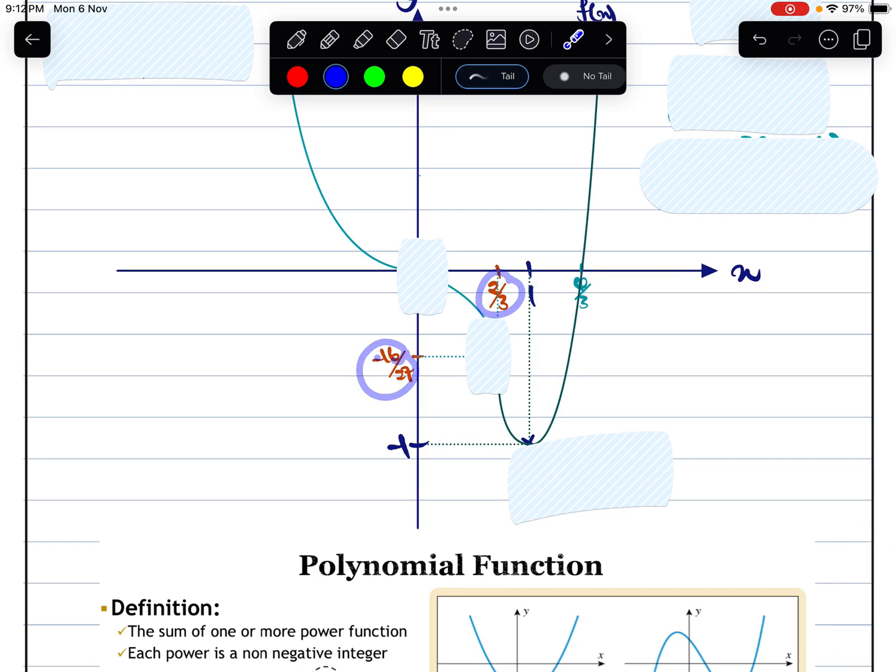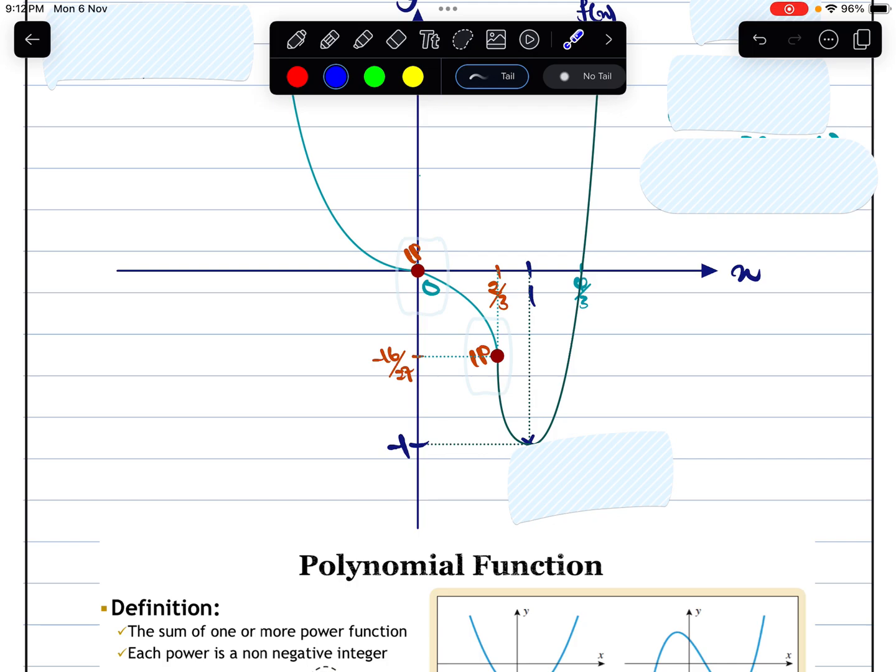Yeah, there we go. That is our inflection point. So we have 2 of them. This is 1, coordinate 0, 0, and this one is another coordinate of inflection point. So these 2 are the inflection points that you must focus on first.